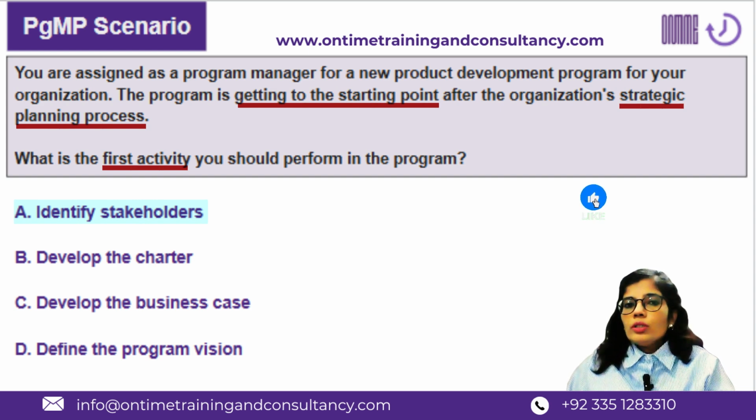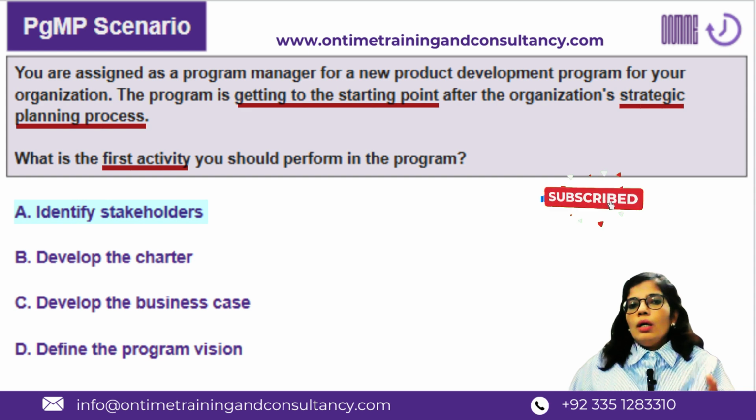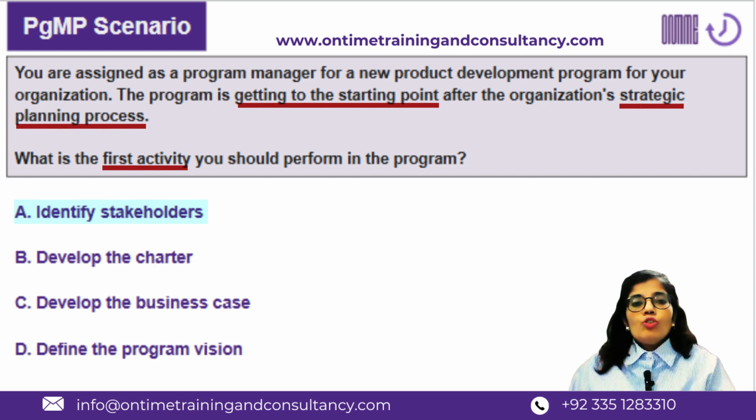First and foremost, defining the charter. Because when you start a project or a program, you start that project or program with a charter, right? So charter is an important document to formally start that initiative, be it a project, be it a program in the organization, right?